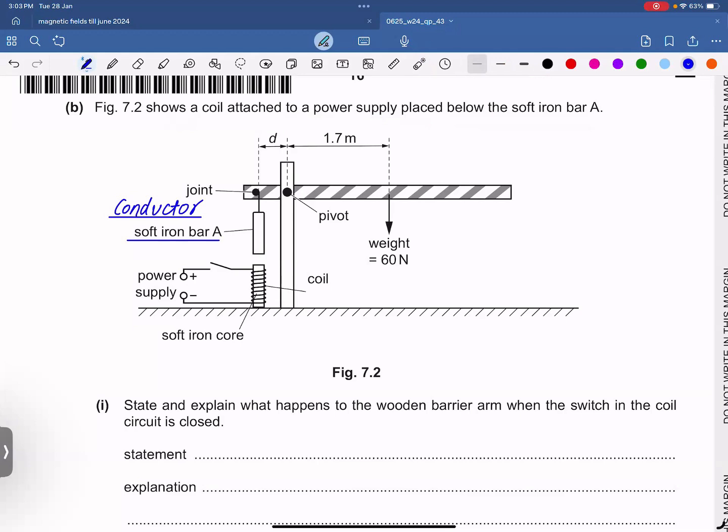And here is the power supply. When you close the switch, there will be current. The question is, state and explain what happens to the wooden barrier arm when the switch in the coil is closed.